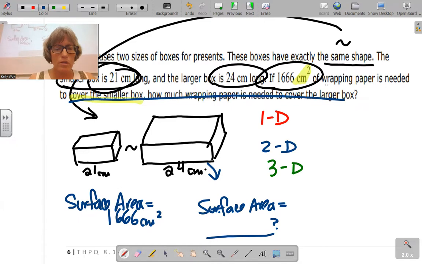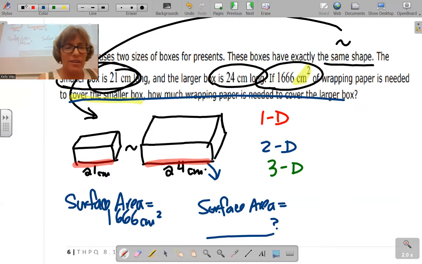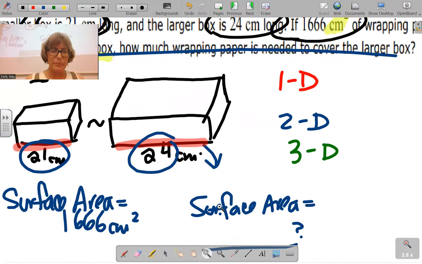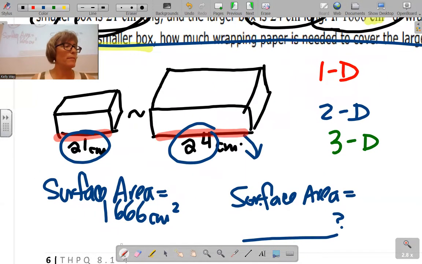Ready? Step 1. We find our one-dimensional ratio, which is the ratio of the sides simplified. So let's do this together. Kai, what is 21 and 24 both divisible by? Yeah, they're both divisible by the same thing. 3.